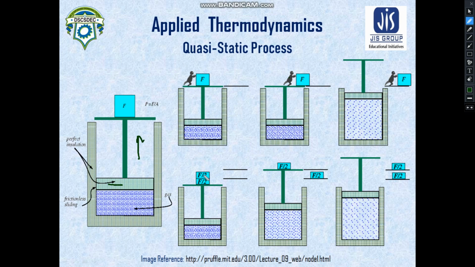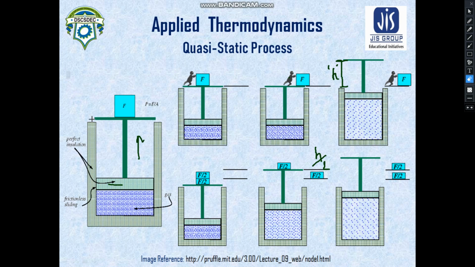The person has to remove two different weights. Initially, the change was much more rapid. Suppose the piston moved a distance h in the upward direction. Here the piston will move h by 2 distance in a much longer time.